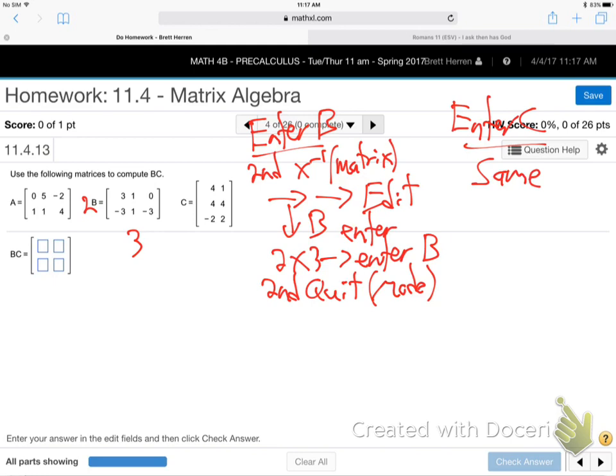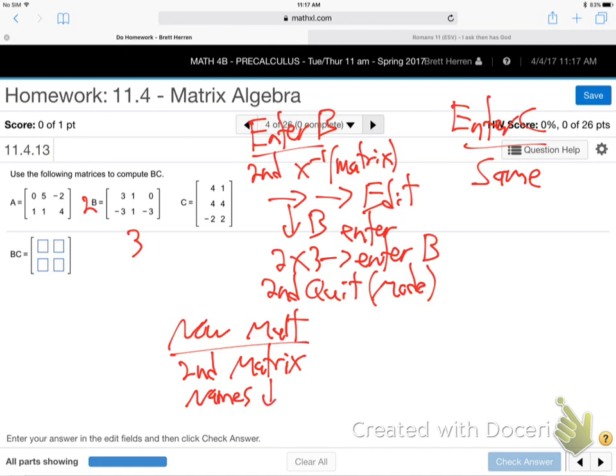And then after you've got B and C put in there, then you go now to multiply. You hit second matrix again, and under names, you go down to B and hit enter.